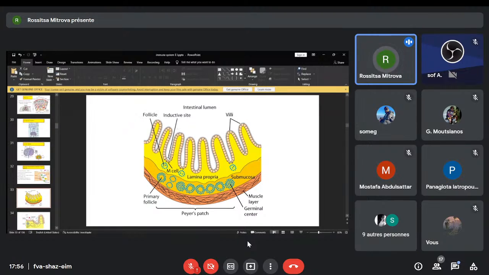They actively transport the antigen to the underlying lymphocyte follicles, so the immune response is initiated.